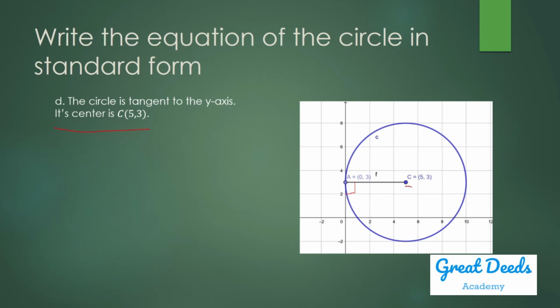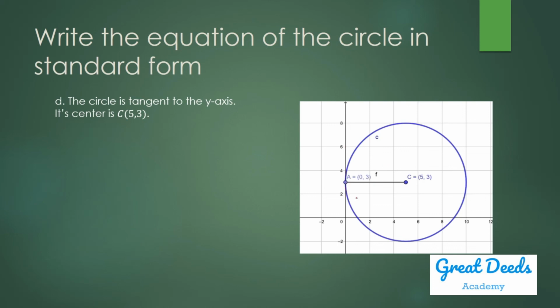How do we get the value of r? Well, we get the distance of the center from the point of tangency. For the point of tangency, all you have to do is draw a line that is perpendicular to your y-axis and then get the coordinates of that point of intersection.